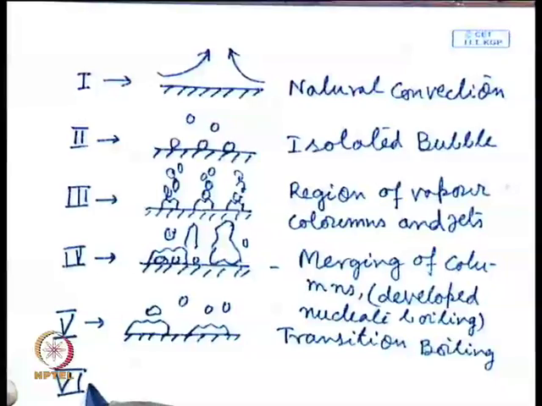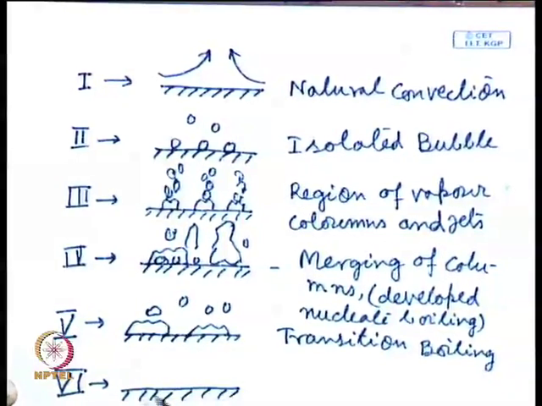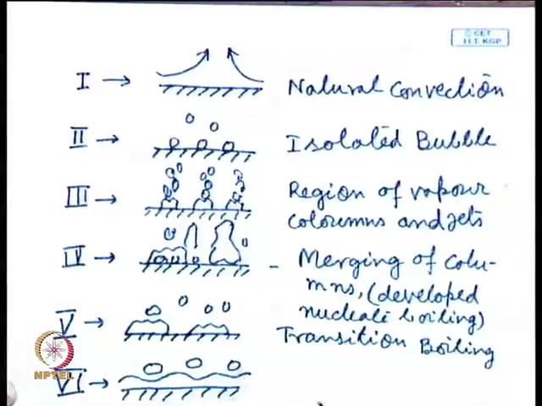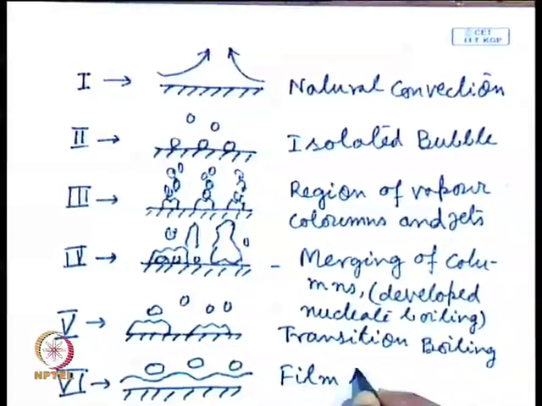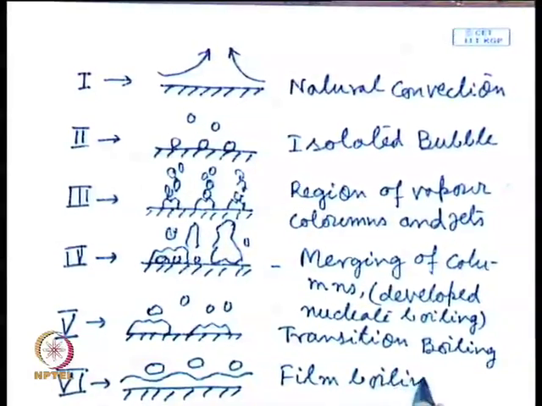Ultimately, in the sixth regime, we will find that the entire surface is covered by a thin vapor layer, thin vapor film, and from that we get the name film boiling. So, visually we can have these regimes during boiling heat transfer.